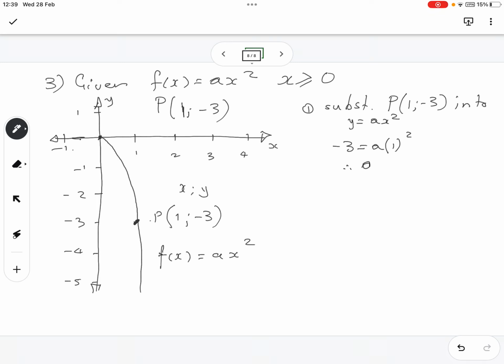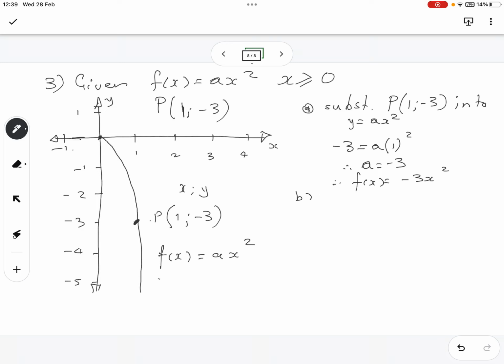Therefore, a is negative 3. This means f of x is negative 3x squared. So we've pretty much done part A.